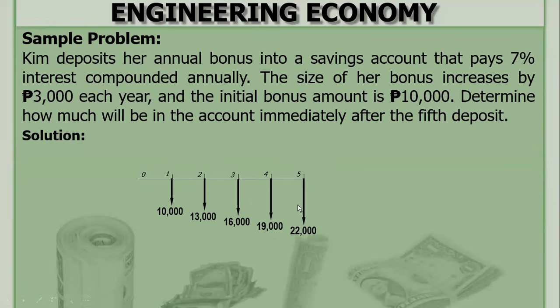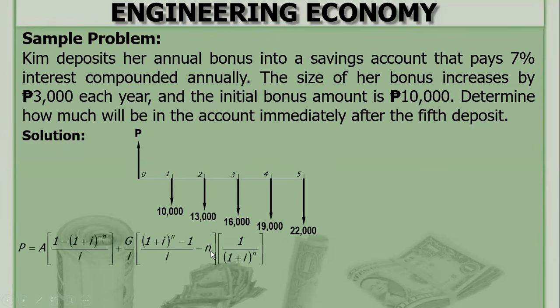But we only have the formula of P. So first, we get the value of P, and then after that, convert it to F using the compound interest formula. Okay.